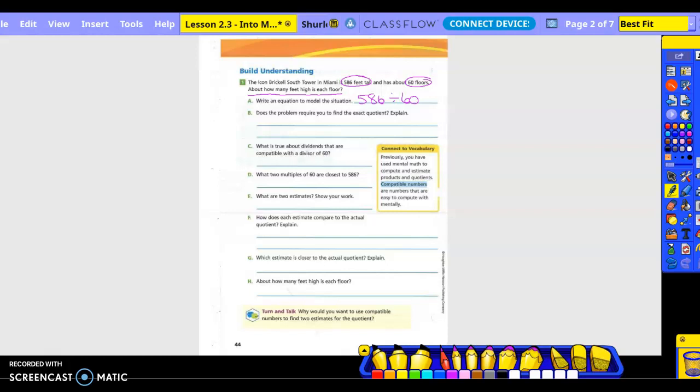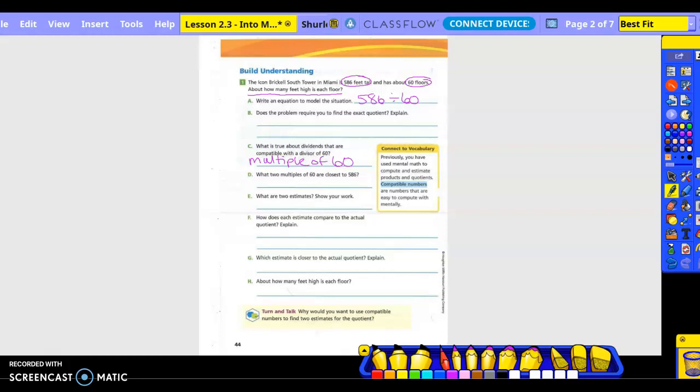What is true about dividends that are compatible with the divisor of 60? They have to be a multiple of 60. What two multiples of 60 are closest to 586?